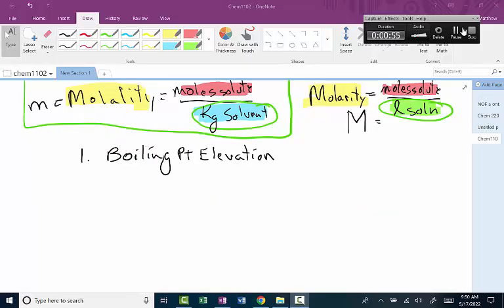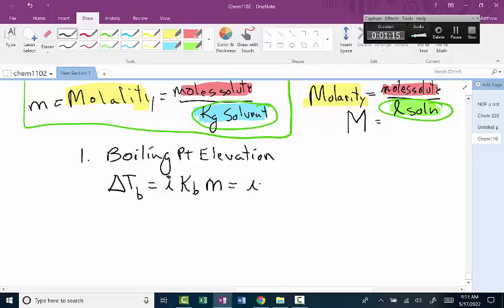The equation for boiling point elevation is the change in temperature, delta T of boiling, is equal to i, the Van't Hoff factor, times K boil times the molality. Actually, they usually write it i m Kf. Doesn't matter. Okay? And so we know how to calculate molality.